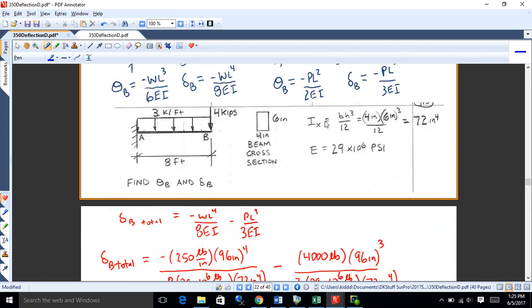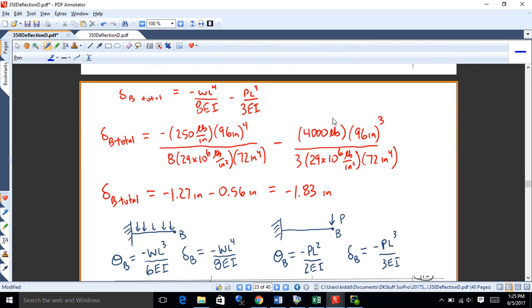Okay, so we're good, and then the downward load, getting about 1.83 inches. So minus WL⁴ over 8EI minus PL³ over 3EI.